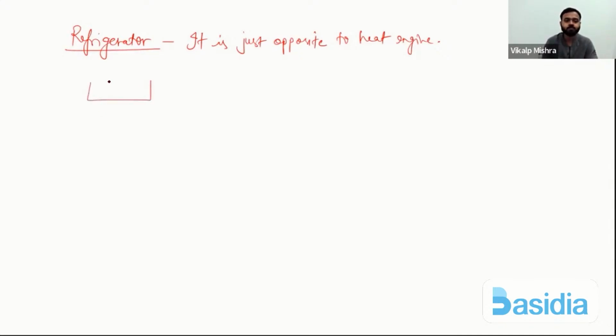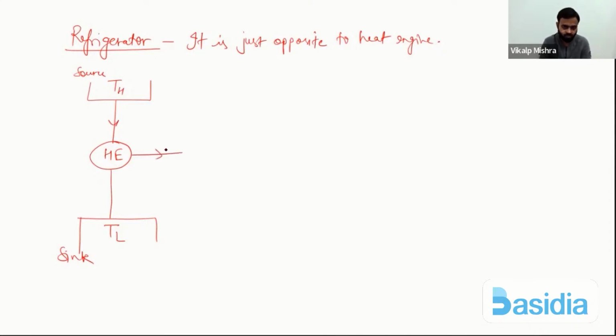हीट इंजन में क्या था? सोर्स था with higher temperature. Source was there with higher temperature. Okay, and this is our heat engine, and lower temperature will be our sink, TL. Heat engine takes heat from higher temperature, and it will supply some work, output work.